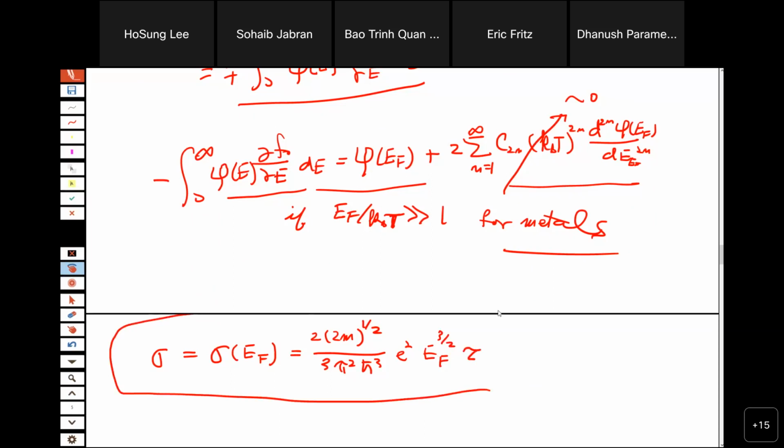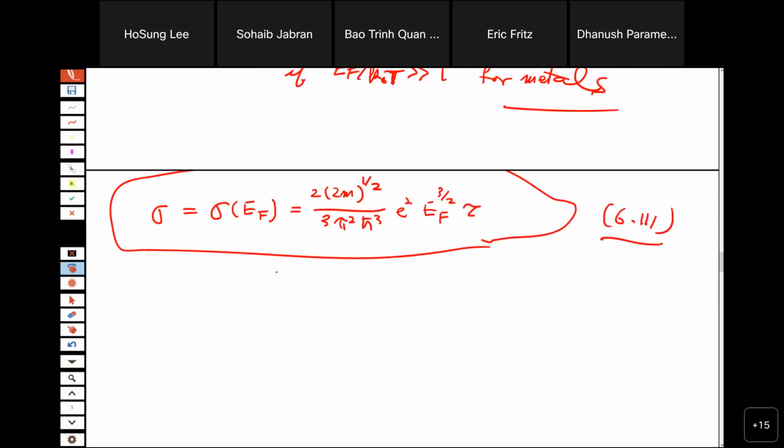It's approximately what we come up with. So this is an approximation anyhow, if it is metal. It's interesting.